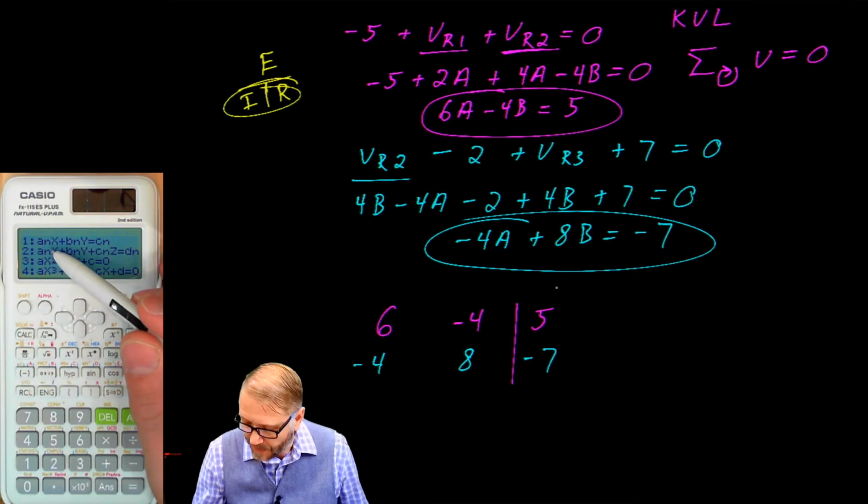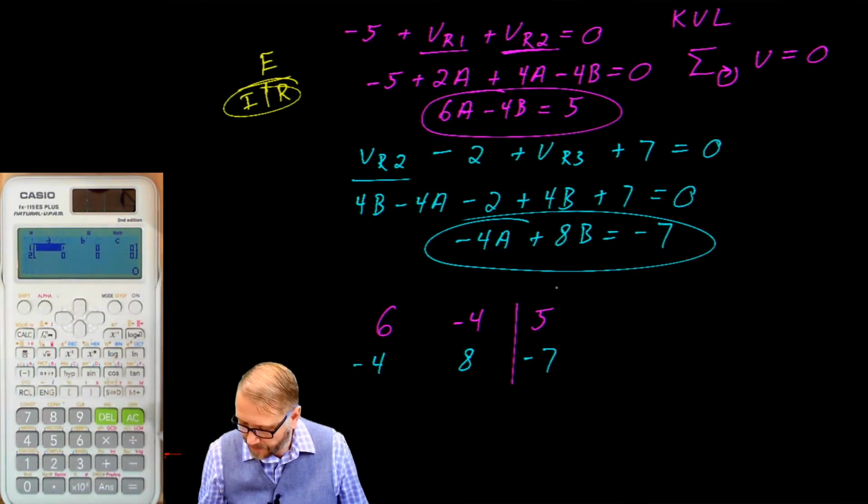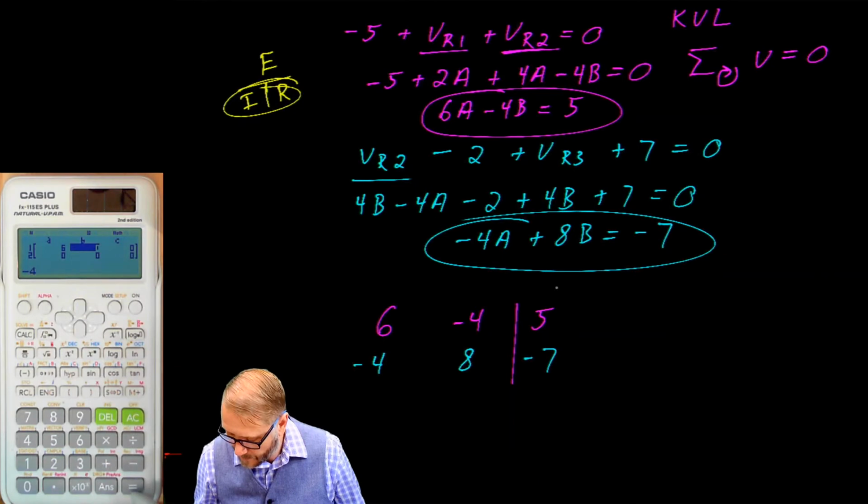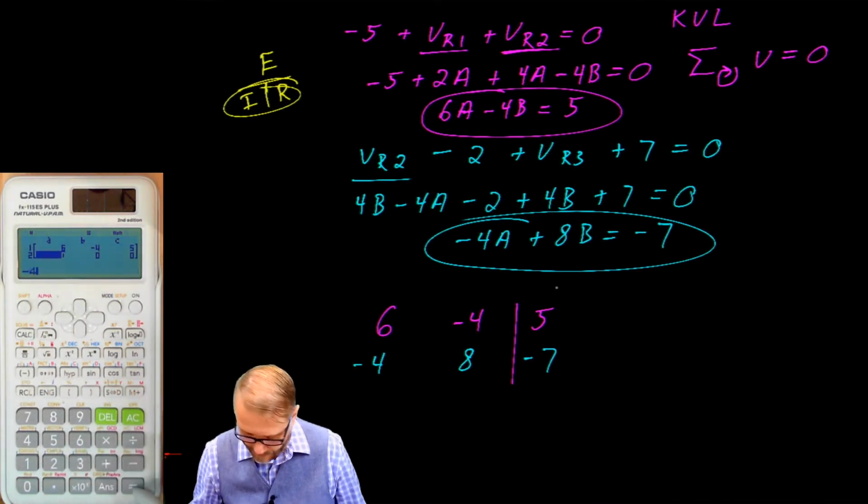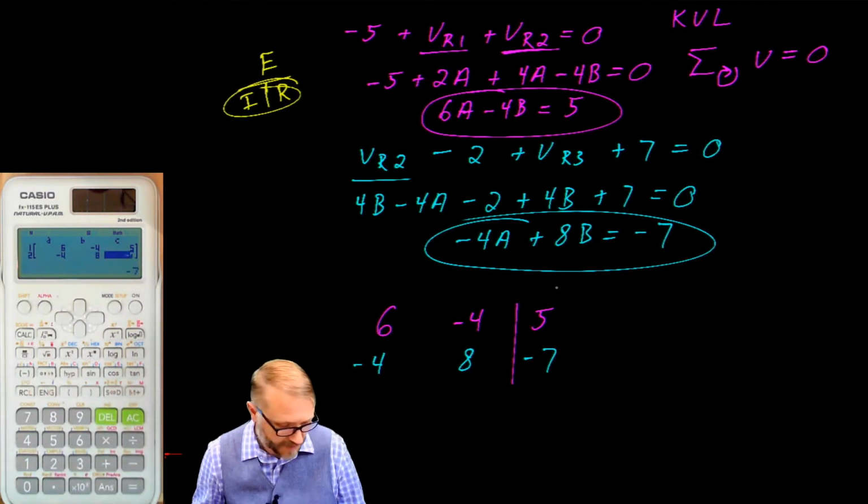And you'll want this one, number 1. So 2 equations, 2 unknowns. Then you enter the numbers. 6 equals -4 equals 5 equals -4 equals 8 equals -7 equals.